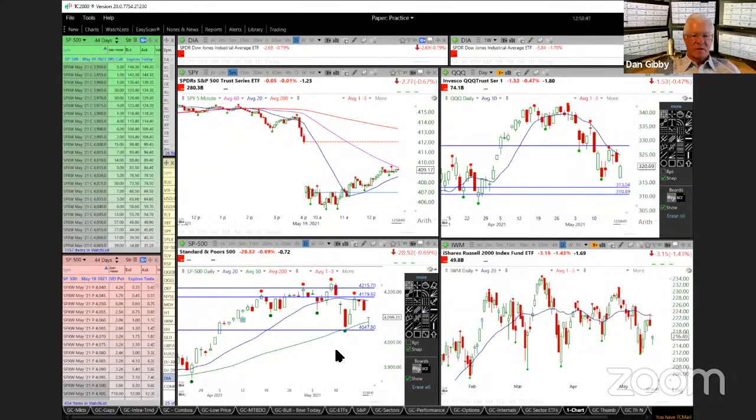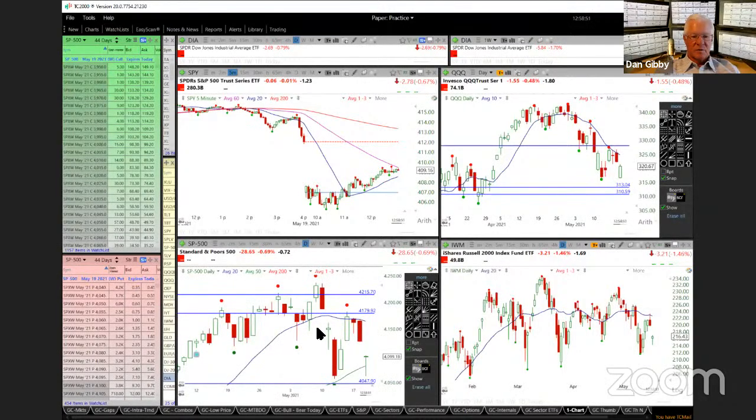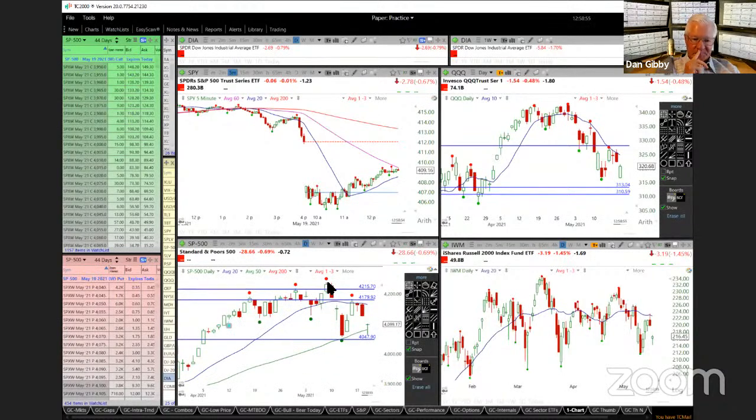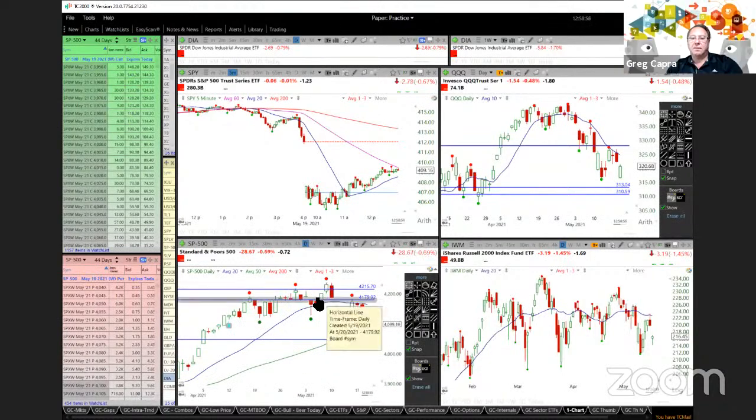Look at the breakout failure of spiders at all-time highs. That was a no-brainer. Call spread under the green bar. So what we look at a lot are what we call shock patterns, as to what were people thinking.